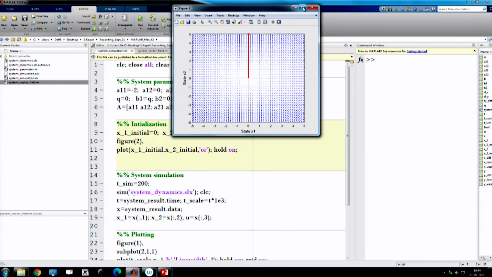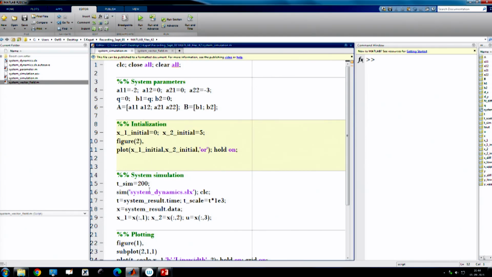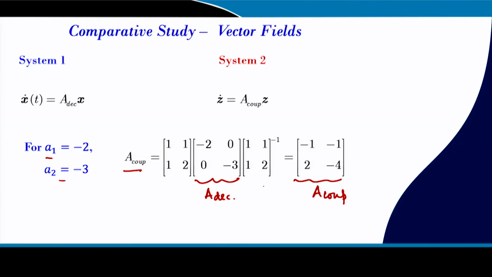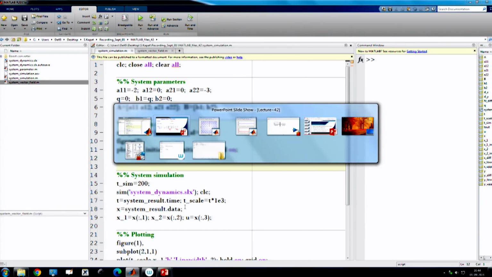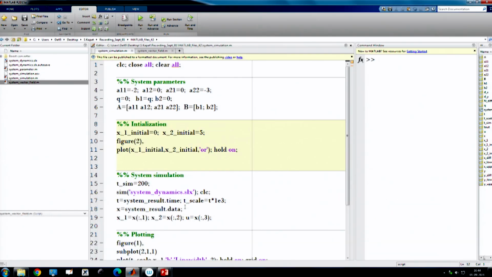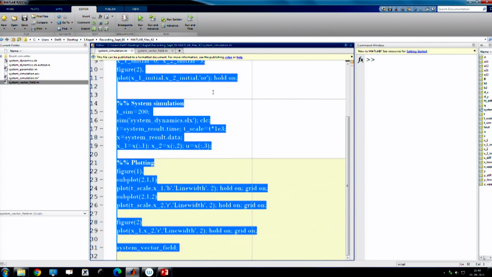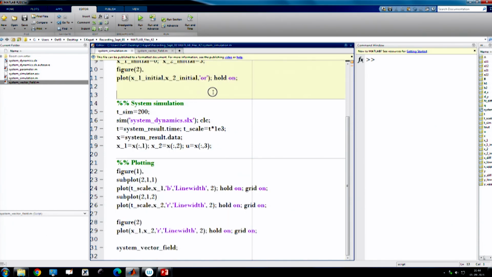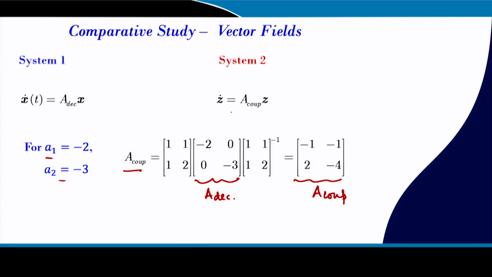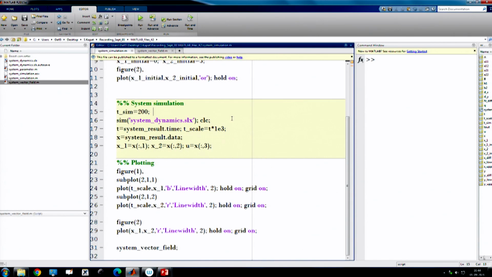Okay. Now, what will happen if we consider -1, -1, 2, -4? -2, -3 we have already considered. Let me cross check: -1, -2, -4, okay, fine.